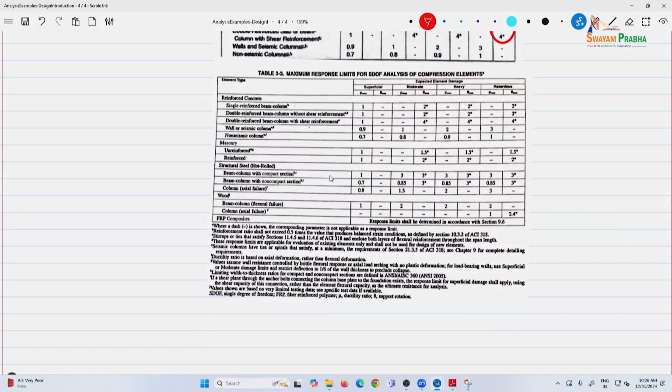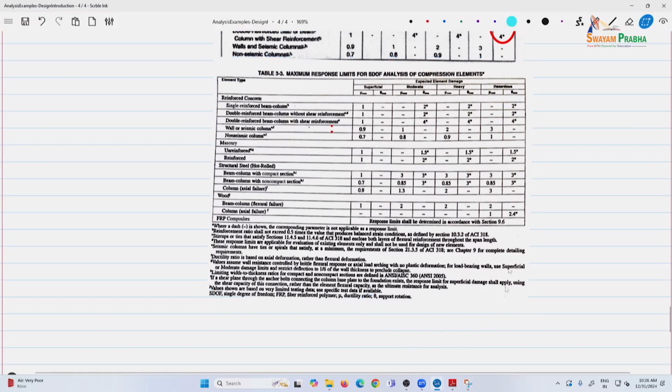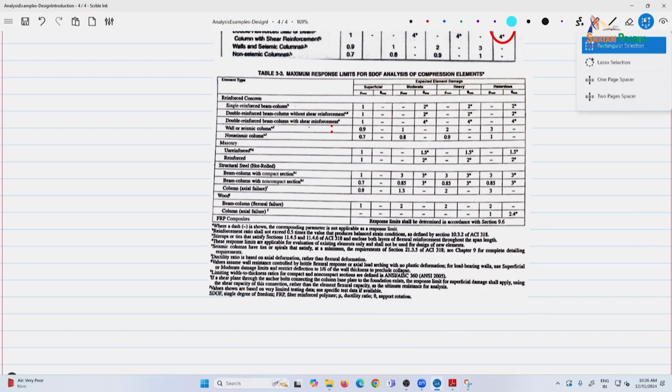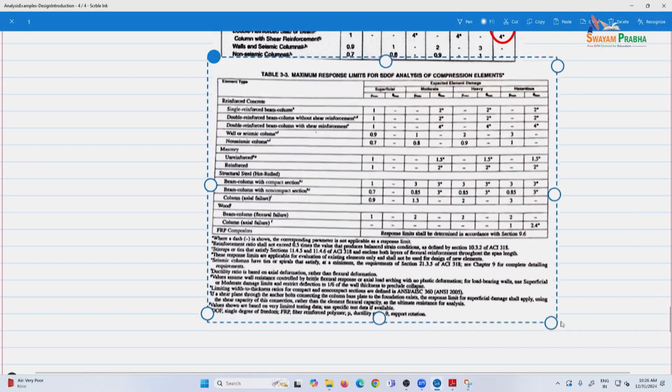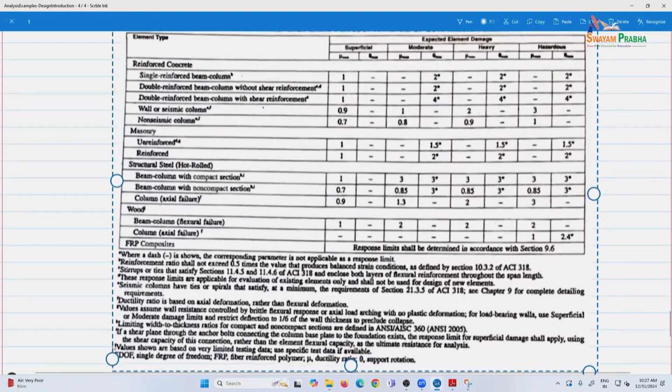Now structural steel, are you able to read that or is it too small? Wider, right? Oh, the box here? Oh, I see. So the box at the top. A little better, right?